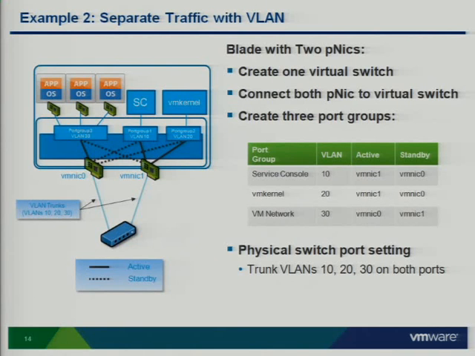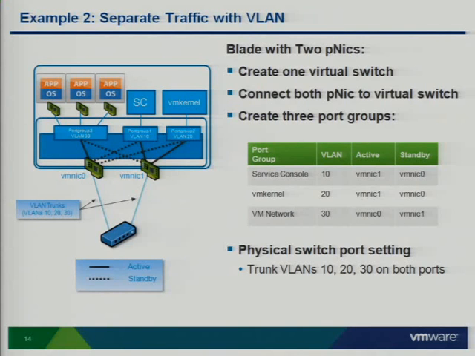Now, here is an example of how you would separate traffic using VLAN. In this case, you have a single physical network. And the physical network admin tells you that there are 3 VLANs available, VLAN 10, VLAN 20, and VLAN 30.